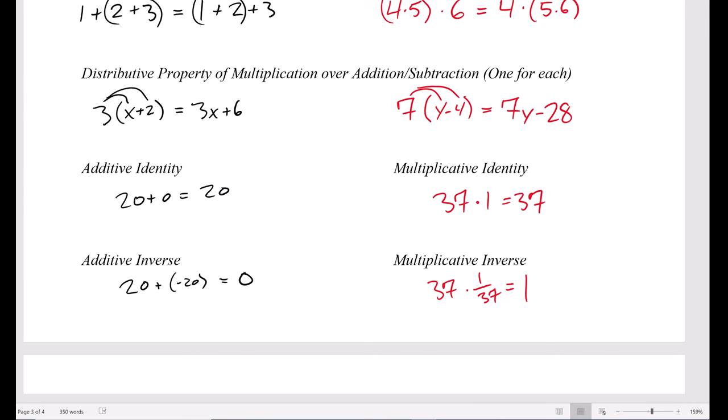The additive inverse is the opposite. Whatever the number was, I take the opposite or the negative of it. So 20 plus negative 20 gives me 0. Multiplicative identity, anything times 1 is itself. And multiplicative inverse, if I multiply anything by its reciprocal, I get 1. So 3 times 1 over 3 in this case is equal to 1.